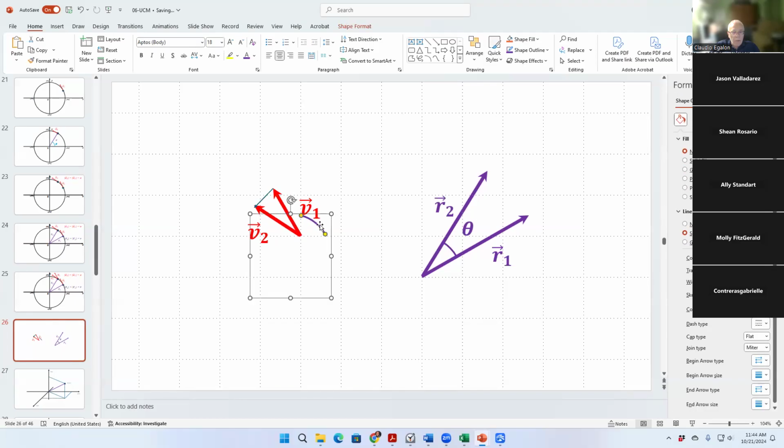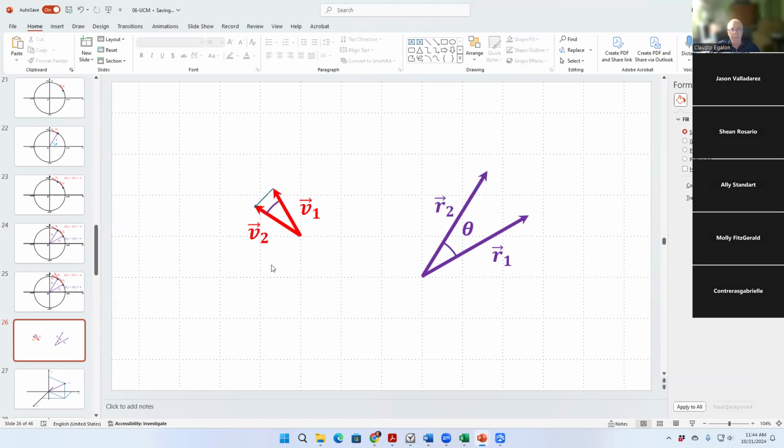And I'm going to center it right in here. Like that. What time is that? 11:44. We're getting there. This angle here is the same as this one. Okay. Consequently, because the angles are the same, and this length is equal to this length, those two different drawings make up triangles that are similar. Okay?